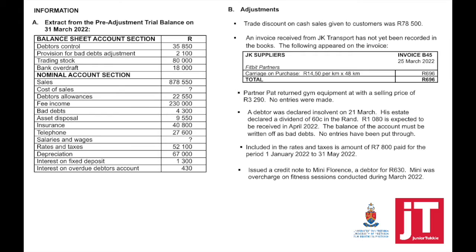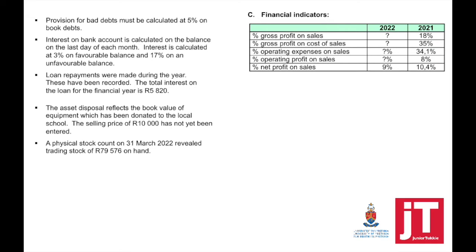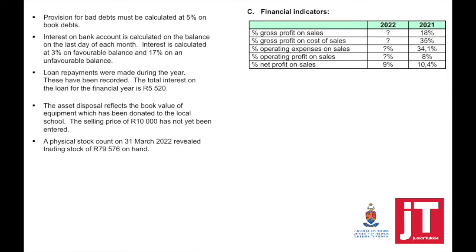Then they provided us with the information, an extract from the pre-adjustment trial balance, adjustments that you need to complete, and financial indicators. These financial indicators are related to profitability. How well are we managing our expenses? Is the business profitable?